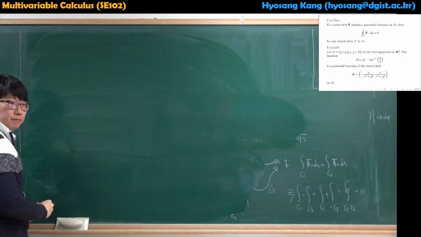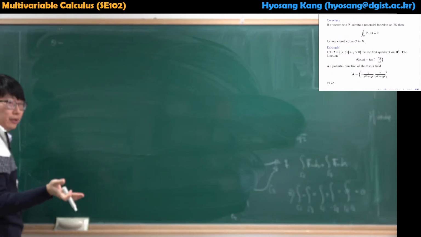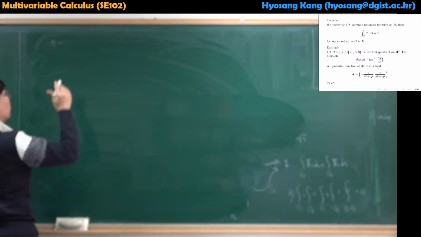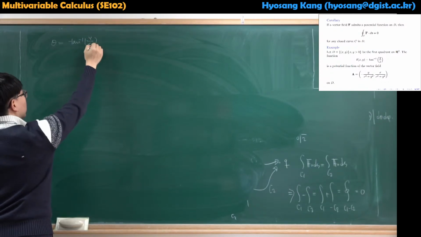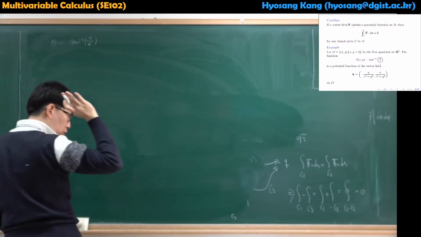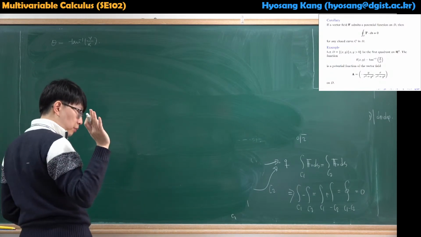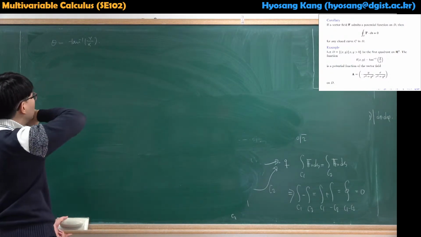We first want to check whether this theta function is actually the potential function of the vector field A. Arctangent of y over x. I assume that my domain does not contain any point whose coordinate x is 0, so it's well defined here.